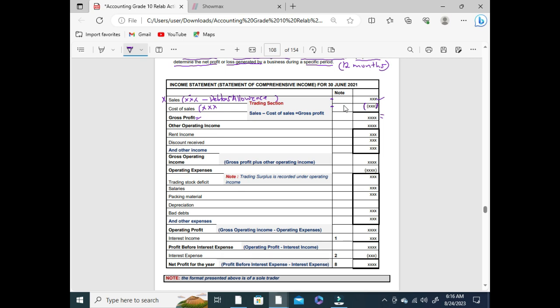Gross profit is made by sales minus cost of sales, as they are showing us there. It's sales minus cost of sales, and then we have our gross profit.